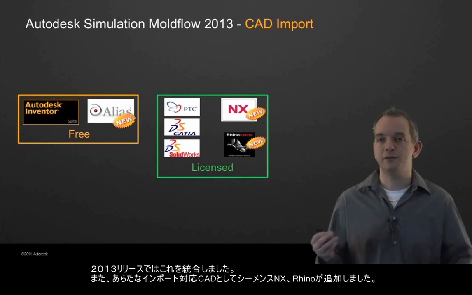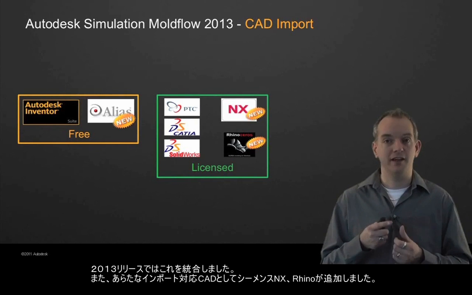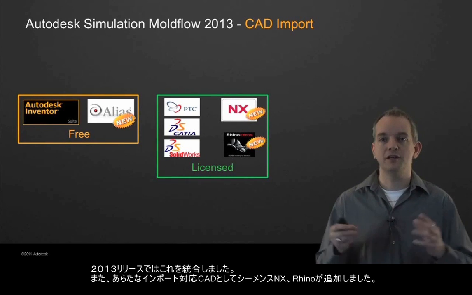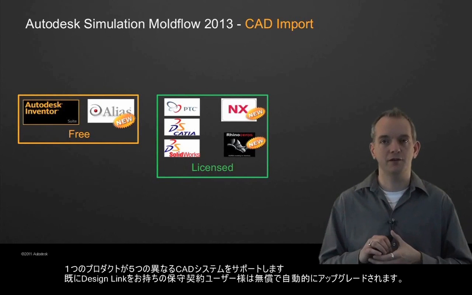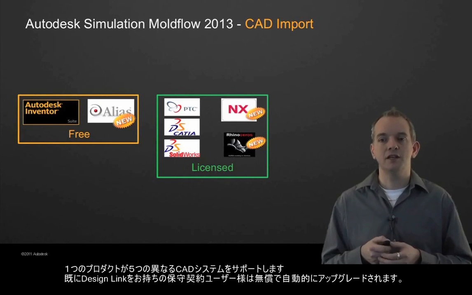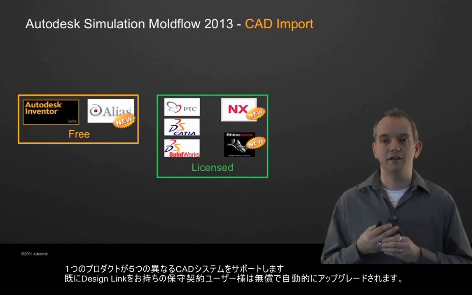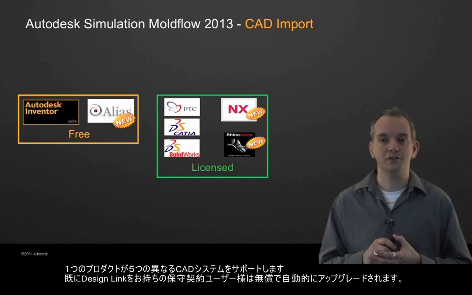For the 2013 release, we bundled those 3 licenses into one product and added Siemens NX and Rhino CAD models to it. So we have one product now that supports 5 different CAD systems. Those are available for you for sale. If you have an existing Design Link license, you will be upgraded to this new license automatically.